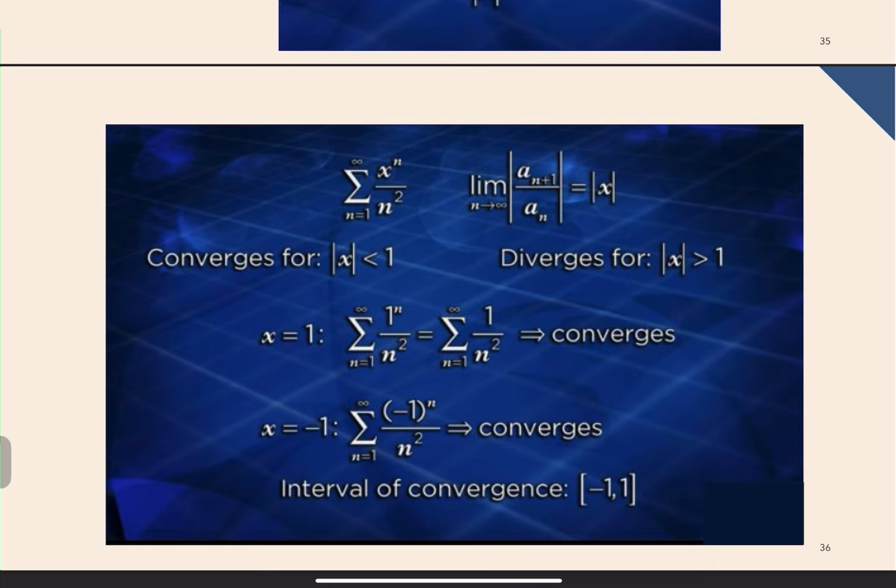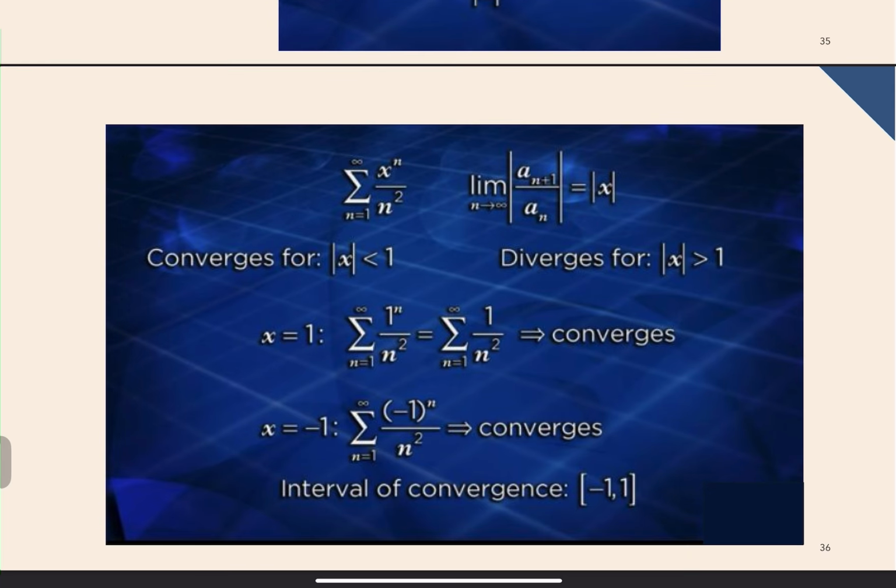So let's do the endpoints. What happens at the endpoints? When x is equal to 1, it's 1 over n squared. And remember our p-series?